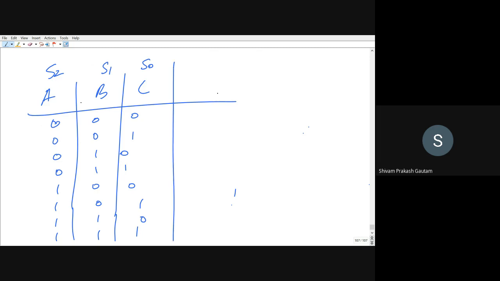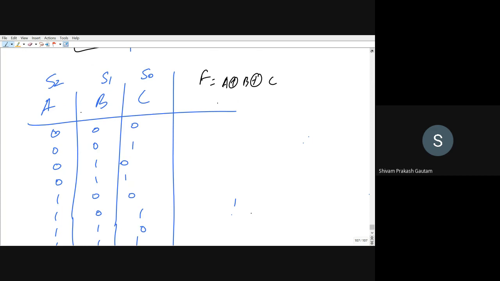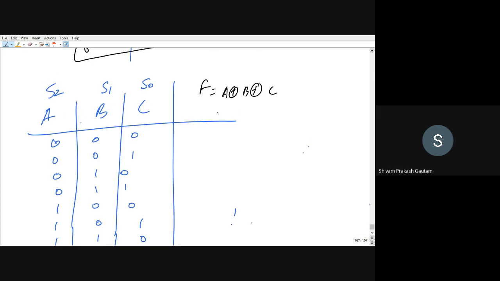So here we will have the function. The function is A XOR B XOR C. So we have to implement this. Tell me what we will be getting here. 0 XOR 0 is how much, for the first case?